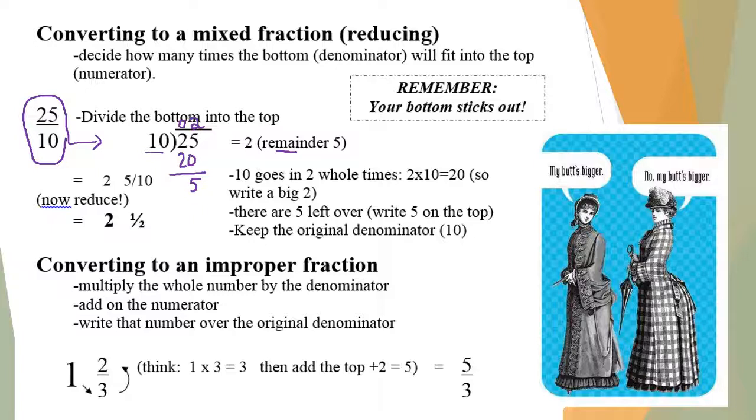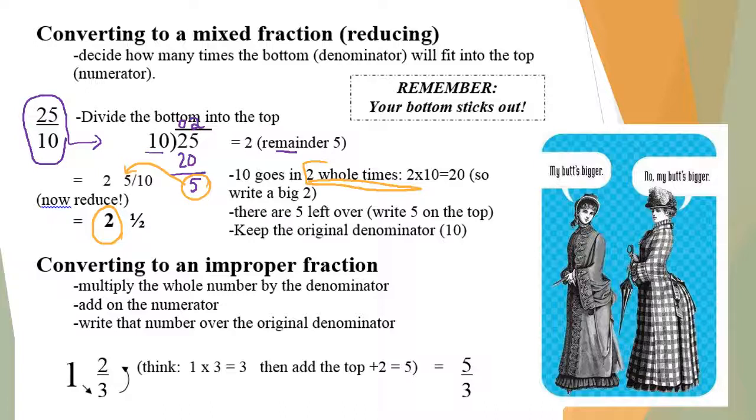And now you need to decide where to put these guys. So what we found is that 10 fit into 25 2 whole times, right? And so we make the big 2. It went in 2 whole times. And then we said there were 5 left over, and so 5 is the top of your fraction. That's your numerator.